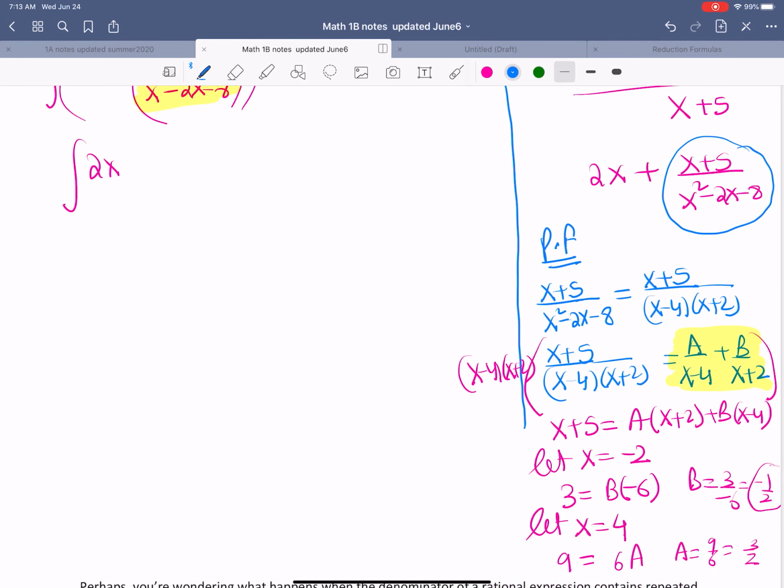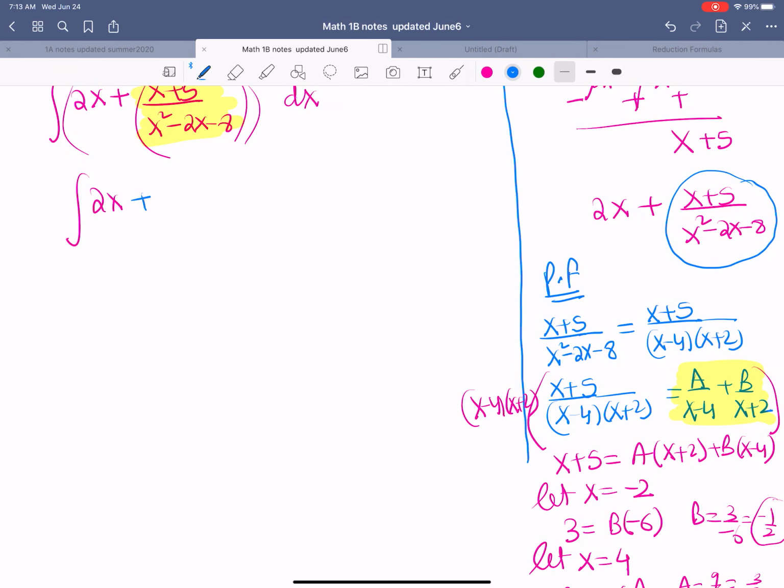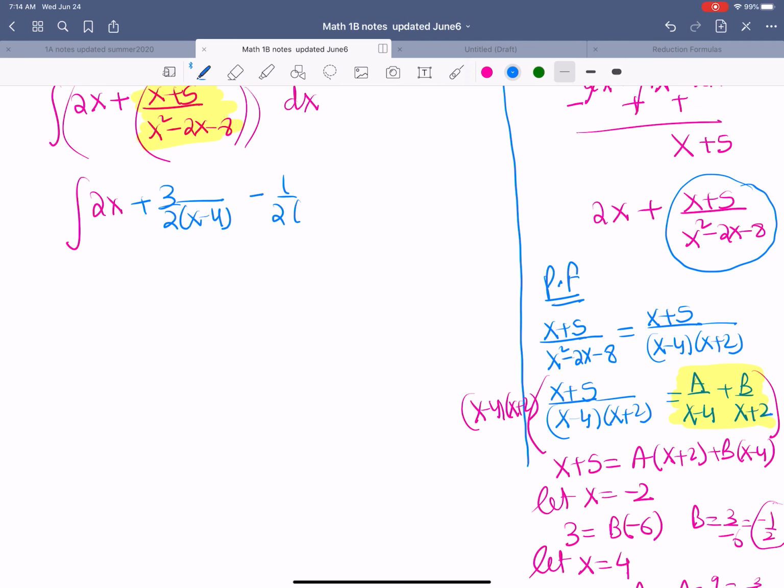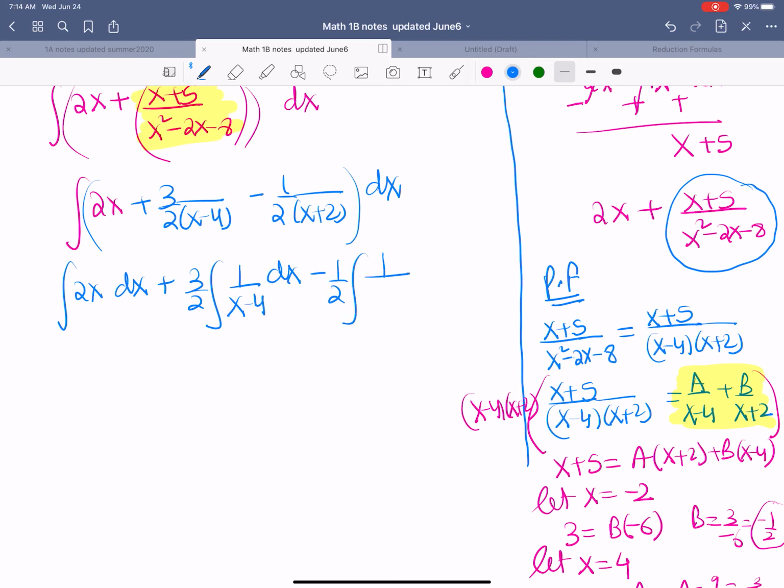A was 3 halves, so plus 3 halves over x minus 4, and b was negative 1 half over x plus 2, the whole thing dx. All right, so now we have 2x dx plus 3 halves times 1 over x minus 4 dx minus 1 half times 1 over x plus 2 dx.